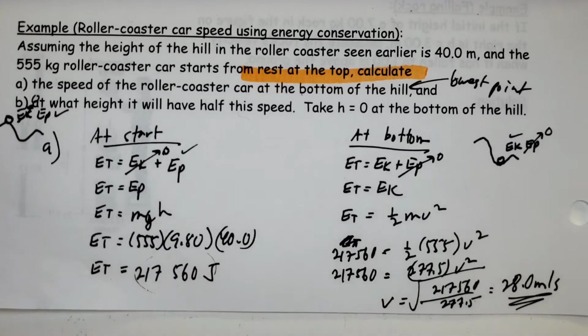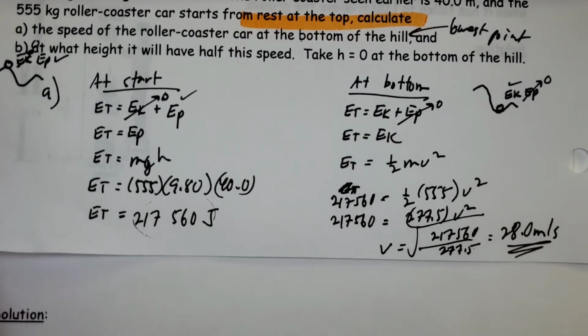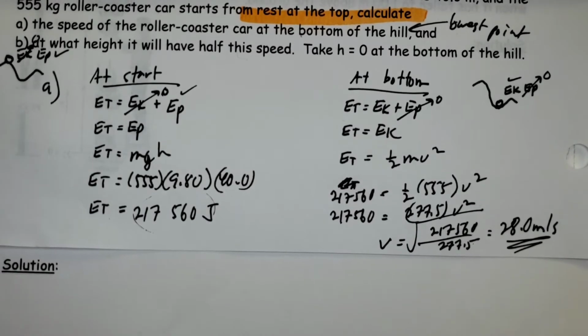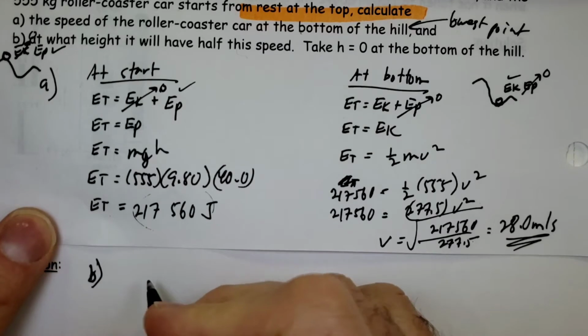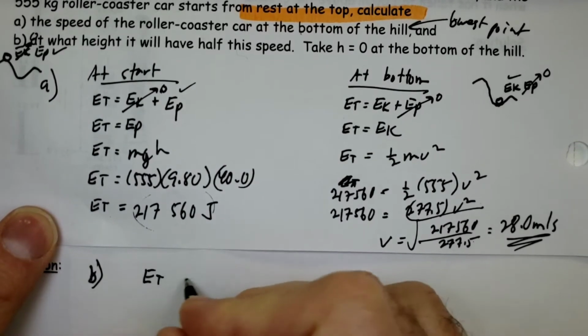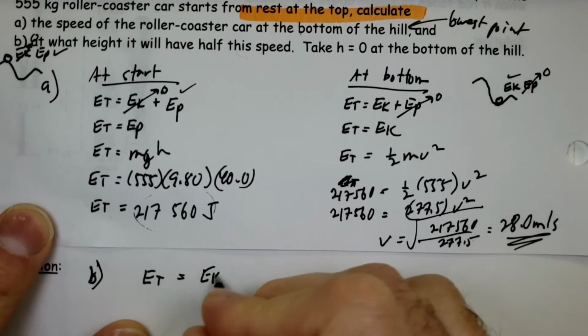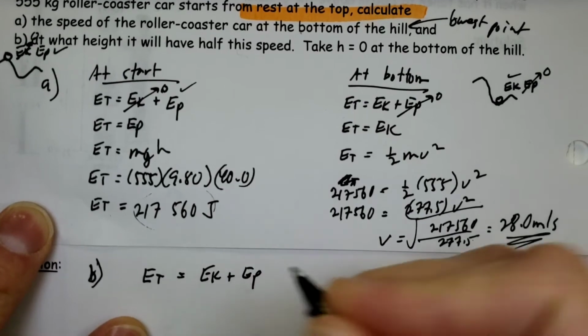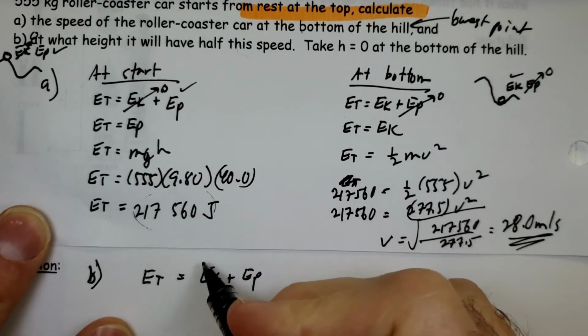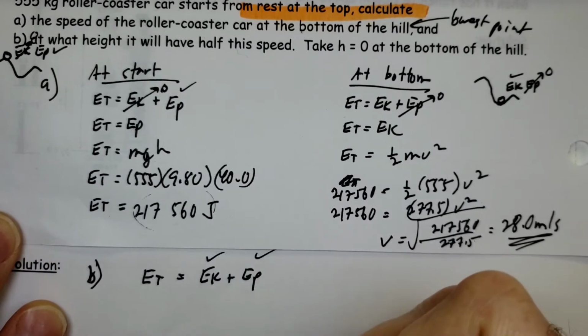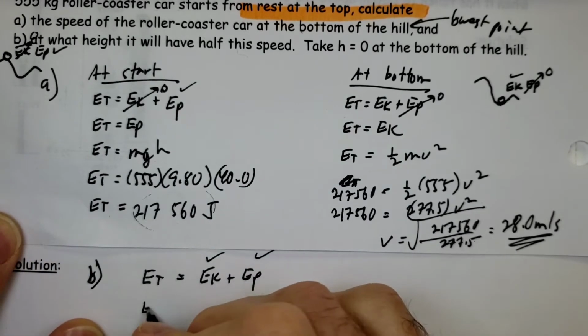All right, so part B. If I look at the next page here, part B, at what height will it be half the speed? Again, treat it as ET equals EK plus EP. Now, at the top, it's all potential. At the bottom, it's all kinetic. So any other place, you're going to have both of them.